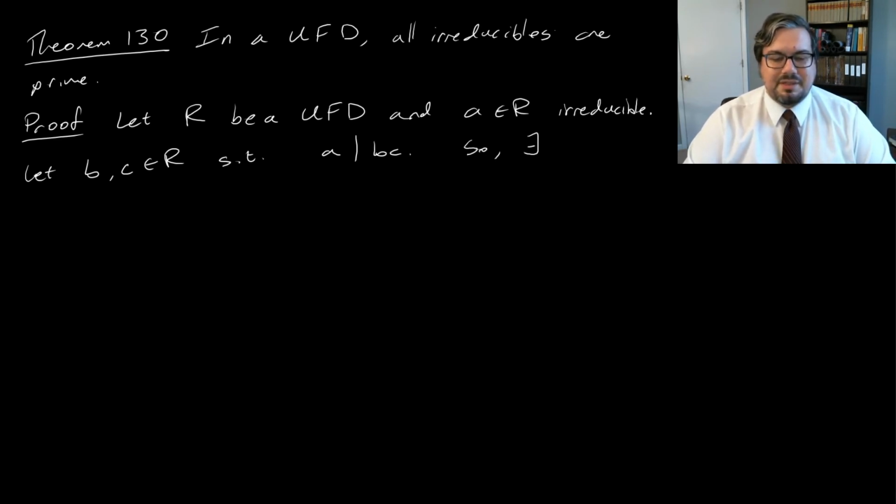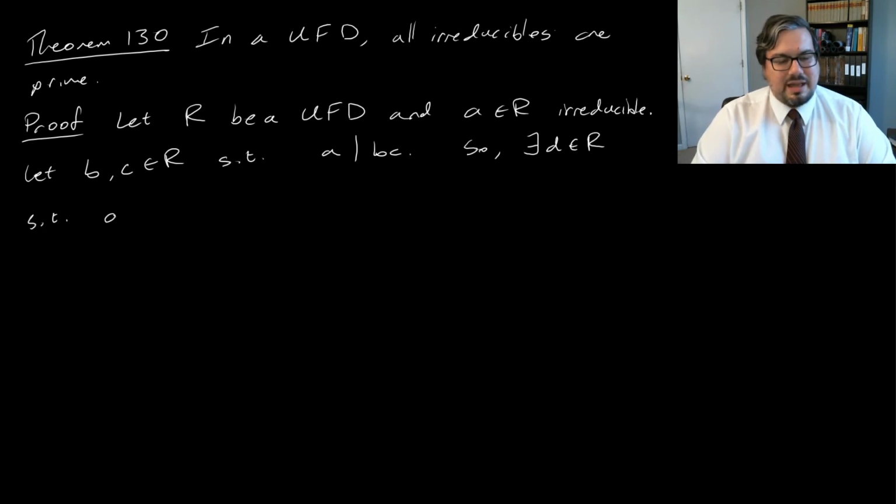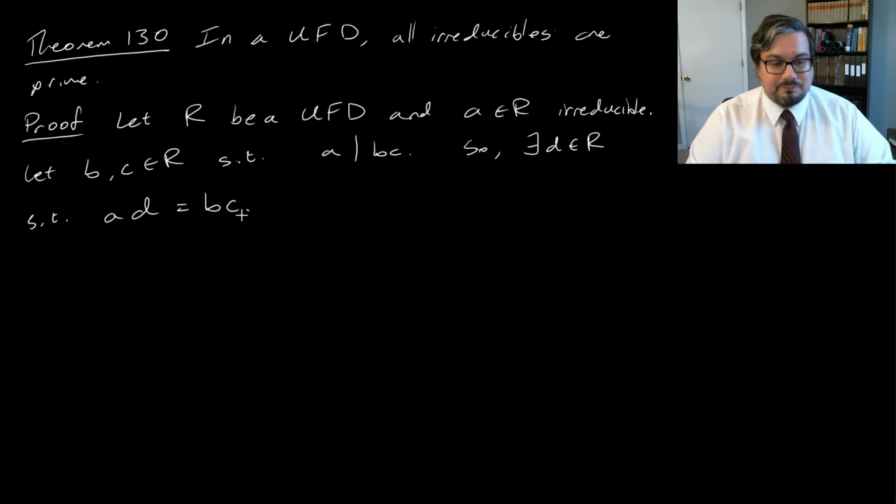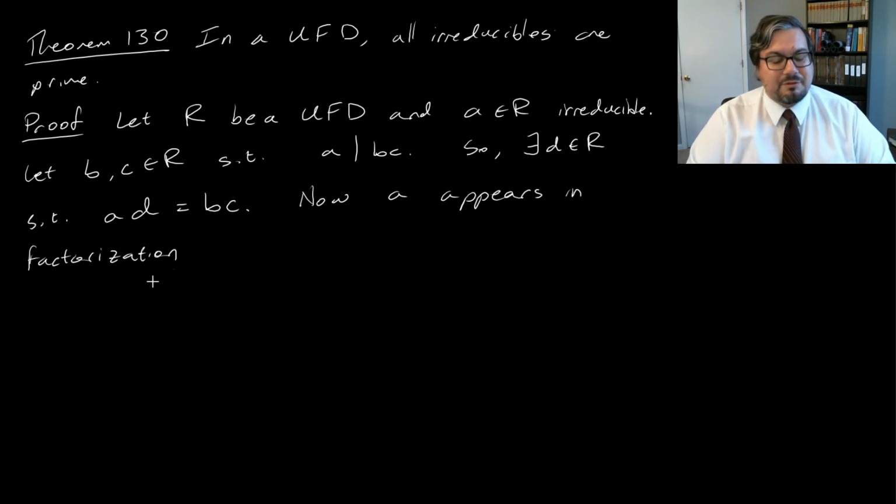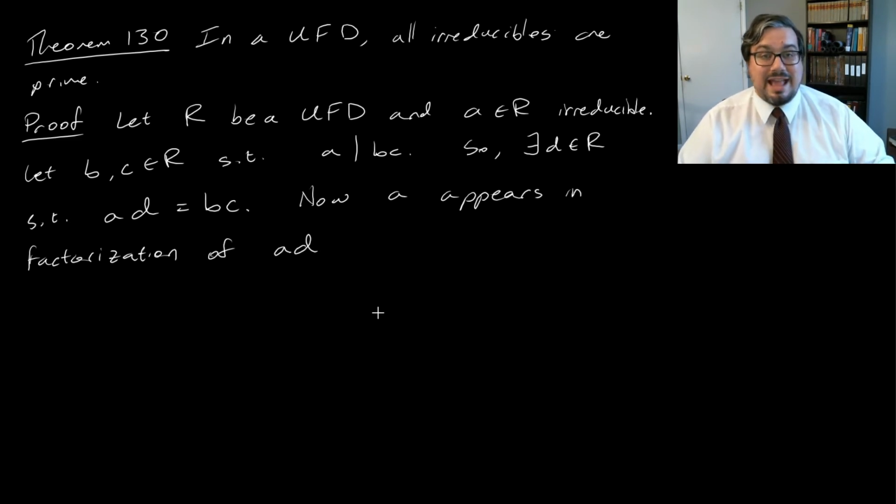So that means that there exists an element D in R such that A times D is equal to B times C. So now A is an irreducible element, which means that A appears in the irreducible factorization of the product AD.